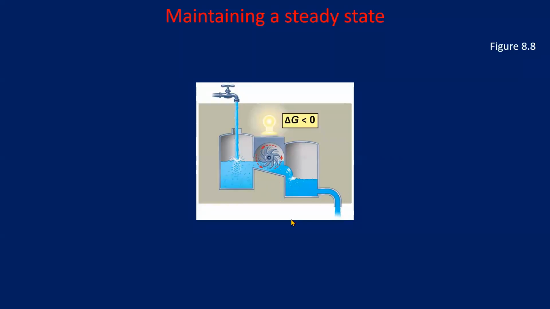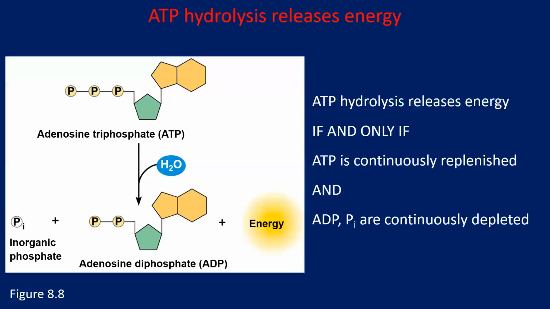The turbine over here is always going to rotate unless you turn off the tap. If the tap is on, then the amount of flow inside the container is maintained at a particular rate. You can think of that as a steady state condition.